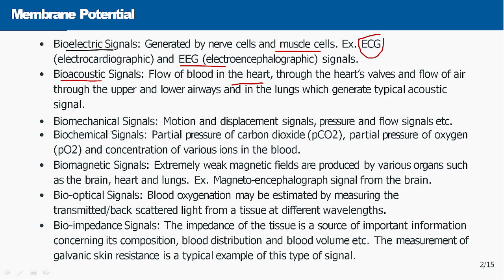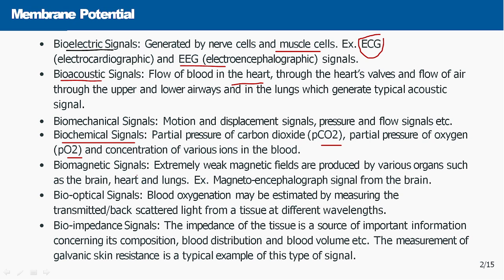Similarly, we have biomechanical signals, which are related to motion, displacement, pressure, and flow signals. Biochemical signals are the partial pressures of gases like carbon dioxide and oxygen, and the concentration of various ions in blood. So, these are all biochemical signals.